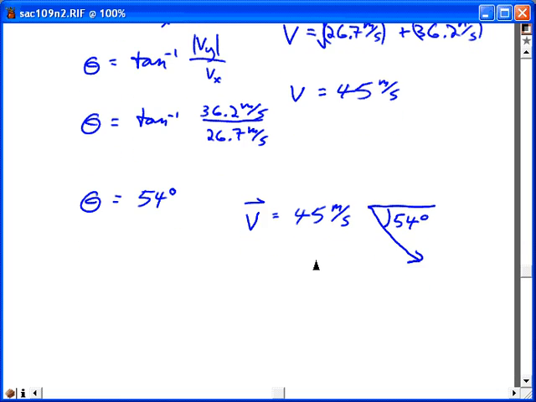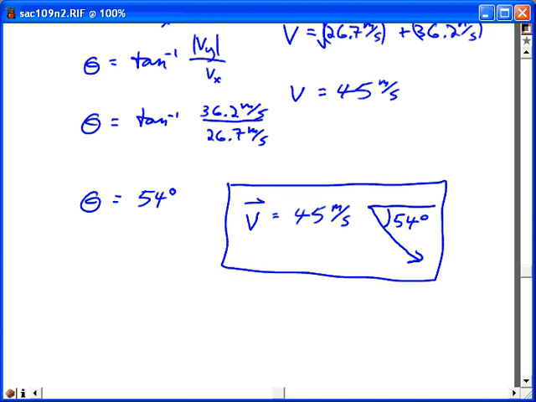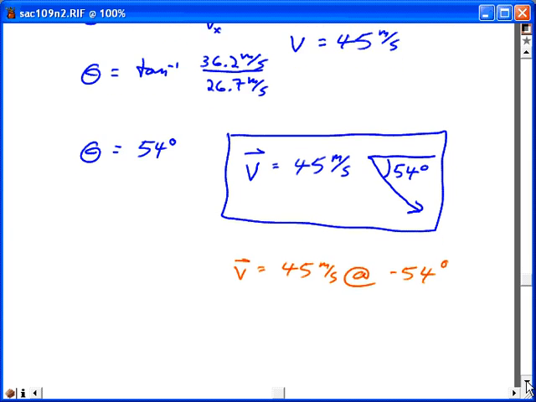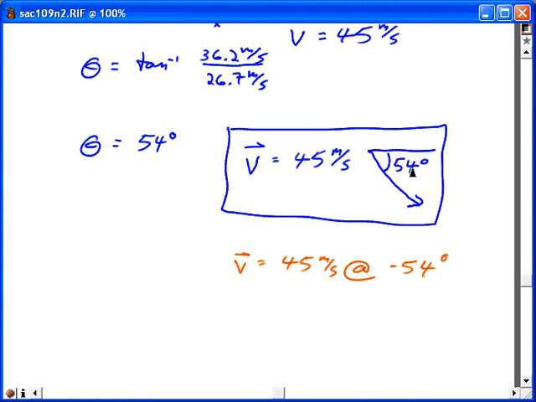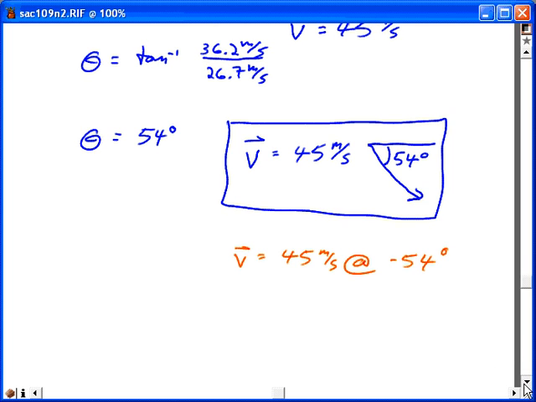If you wish, you could write that as 45 meters per second at minus 54 degrees. This is going to be my final answer, but other ways you could have written that are V is equal to 45 meters per second at minus 54 degrees. By the mathematician's convention, that means clockwise from the x-axis.